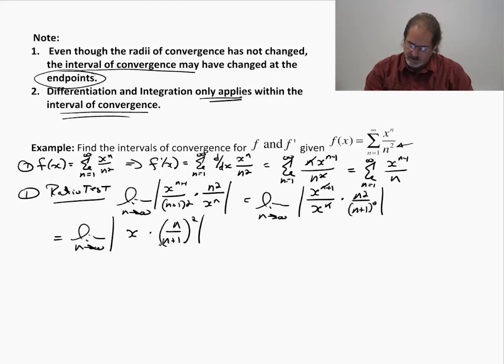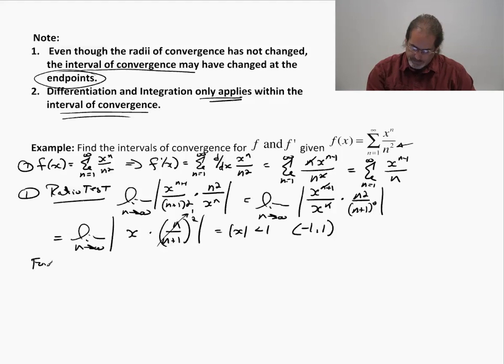Well, in the limit, this goes to 1. So this is just the absolute value of x, which needs to be less than 1. That gives me the interval of convergence of negative 1 to 1, but I need to take a look at those endpoints.